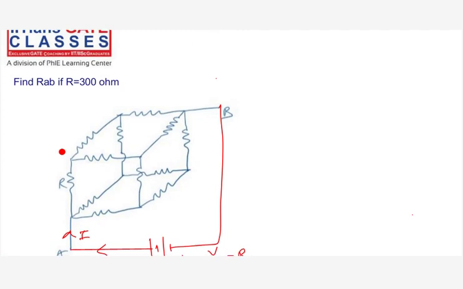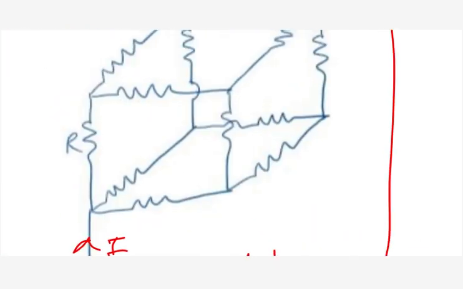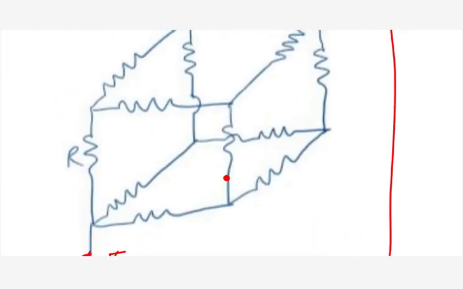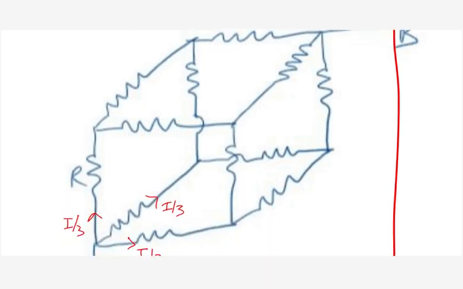So again, this I by 3, this I by 3, if I see, this is going here and it is getting divided into further 2 branches. Again I by 3 is divided into 2 branches. What happens here?